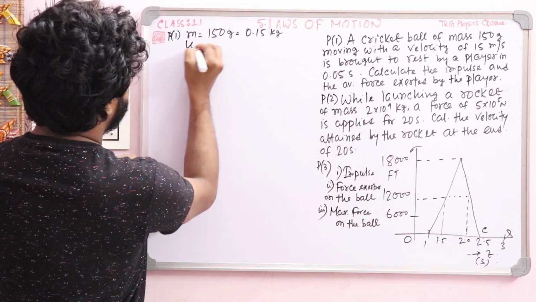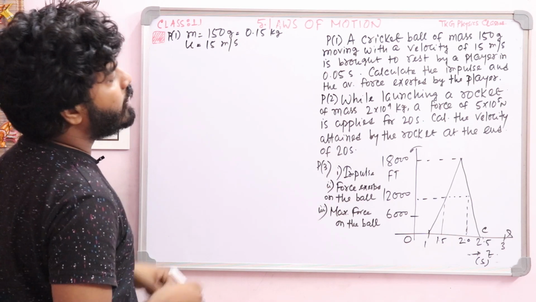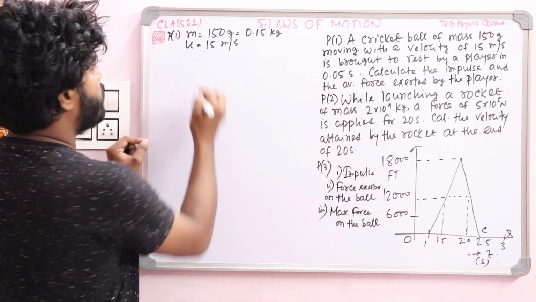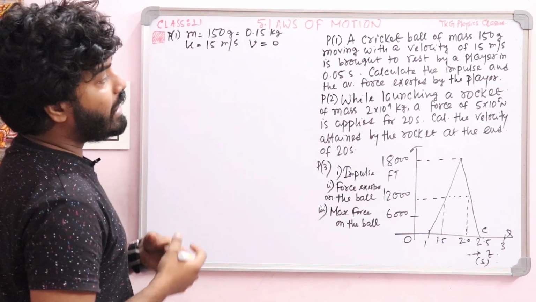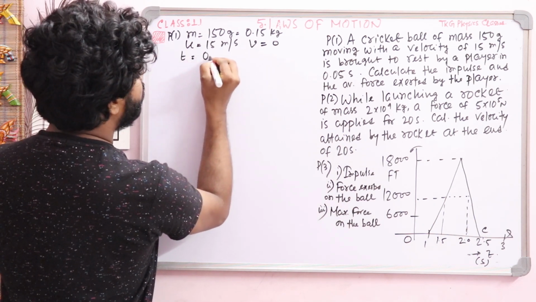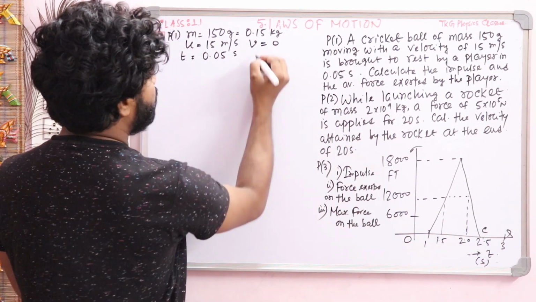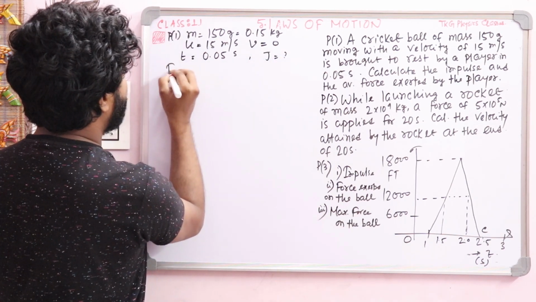So this is the initial velocity, 15 meter per second, and it is brought to rest. Finally it is at rest, so the final velocity v is equal to 0, by a player in time t equal to 0.05 second. Calculate the impulse. You have to find the value of J and the average force F.